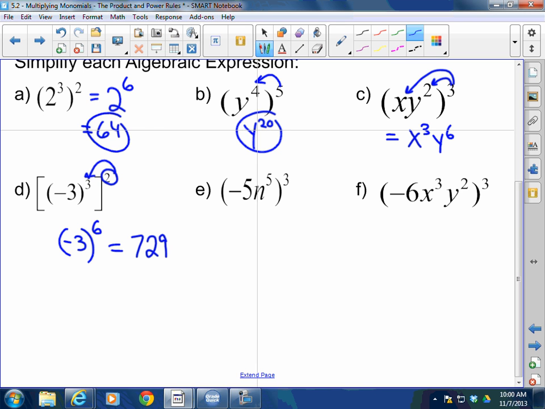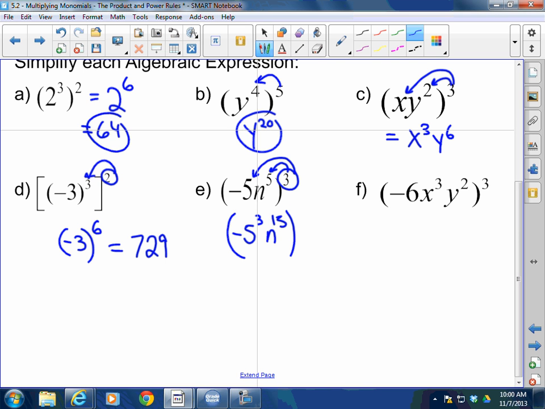Now here, be careful with this one. Negative 5n to the 5th. I'm going to distribute this 3 to the 5 and to the n. So this is going to be, in parentheses, negative 5 cubed, n to the 15th. Now, here's where we separate the A's from the B's.